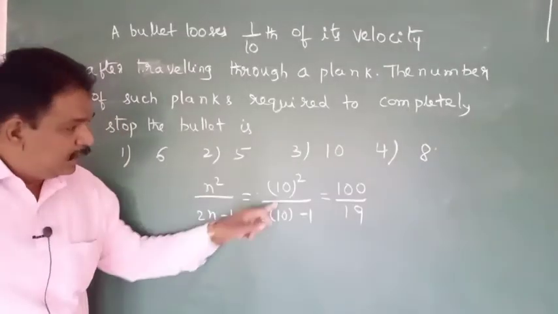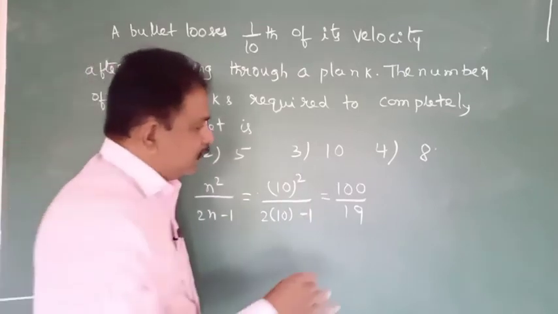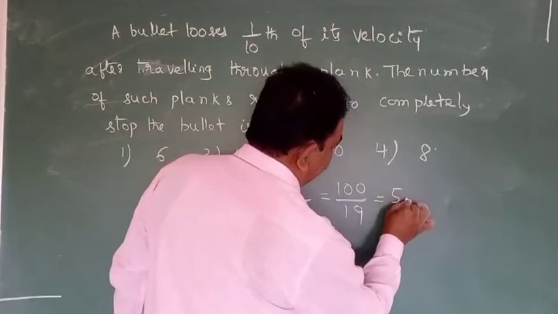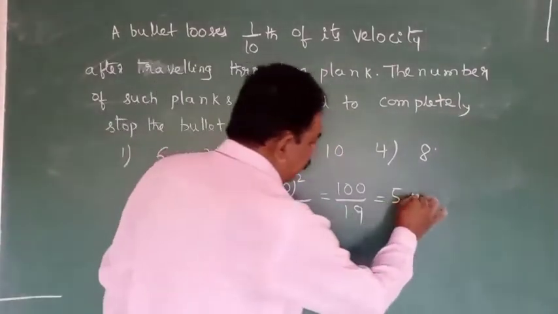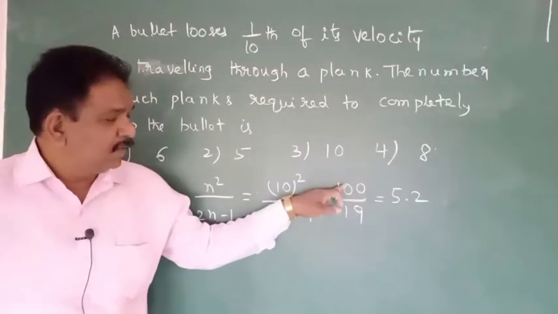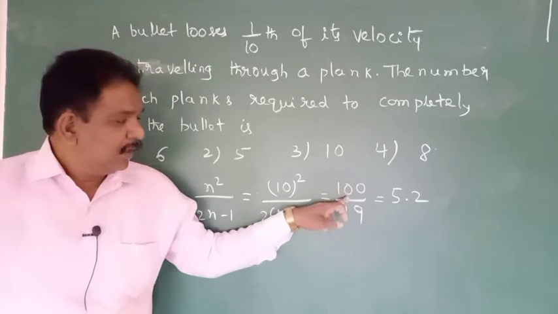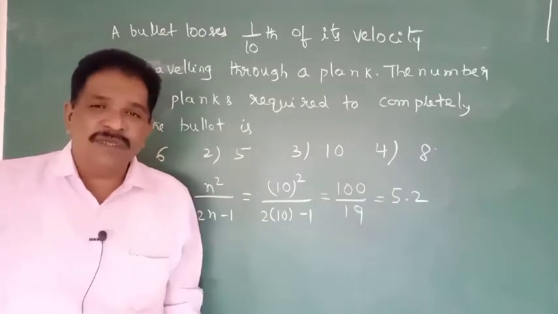If you measure this value, it will come to approximately 5.2 something. 19 5s are 95, then 5 will be there, 50 means 19 2s are 38.